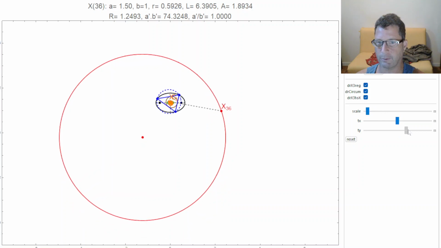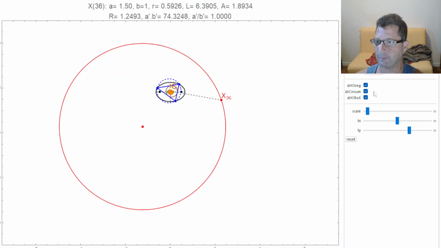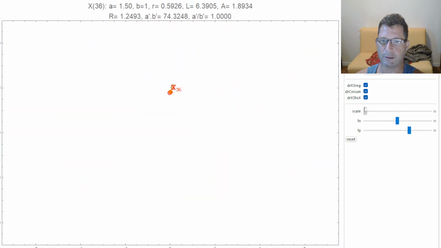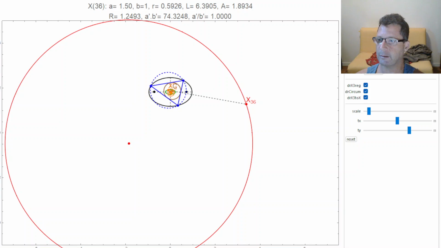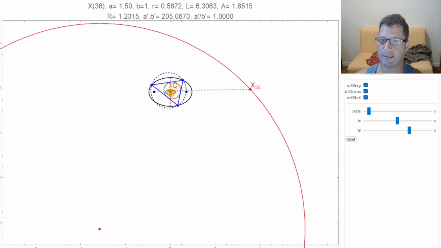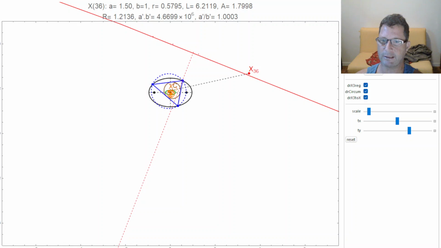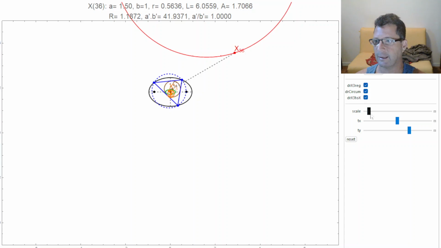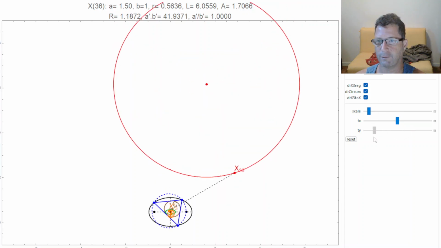So the Poncelet system is now interior to that, provided that C is interior to that region. When C is on that region, now let me play with that, X36 becomes a straight line, and when you move out of that region, then you get this outer circle phenomenon, okay?